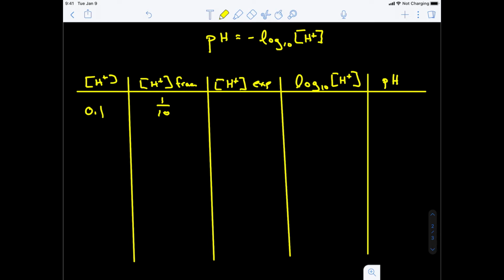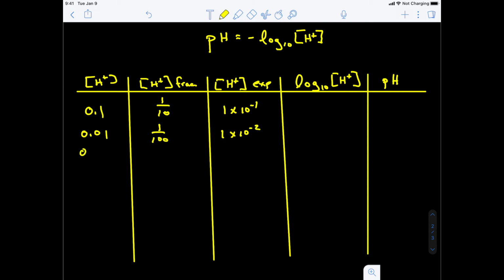We can rewrite that in exponential notation, so that's 1 times 10 to the negative 1. Great. Let's do another one. 0.01. We can write that as a fraction, 1 over 100. And we can then write that in exponential form. So that's 1 times 10 to the negative 2 molar.